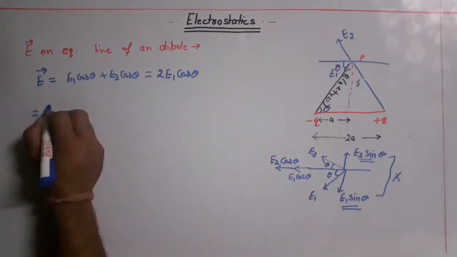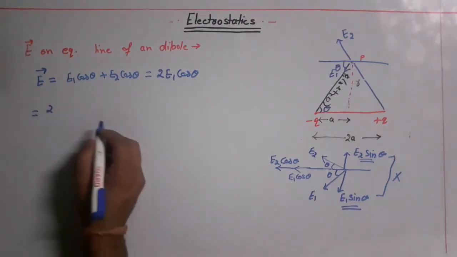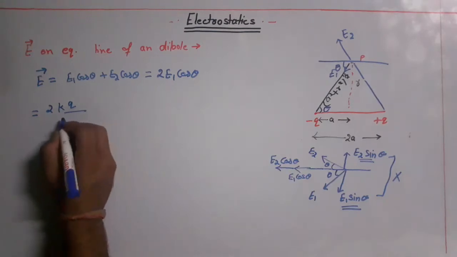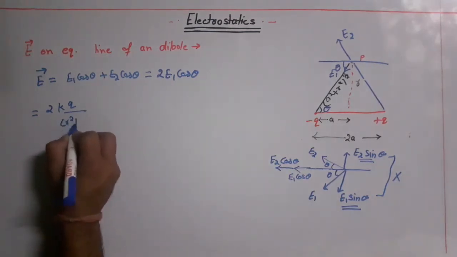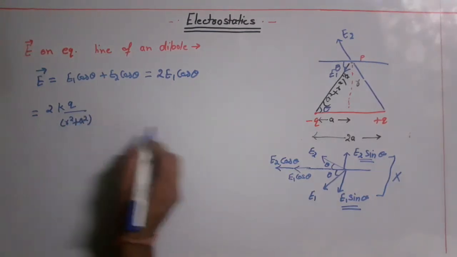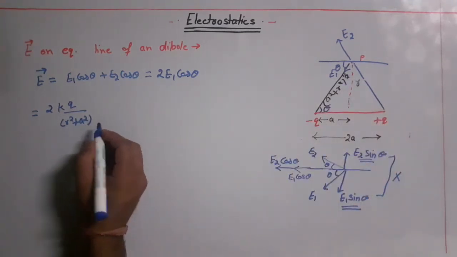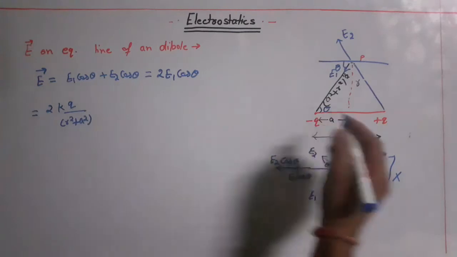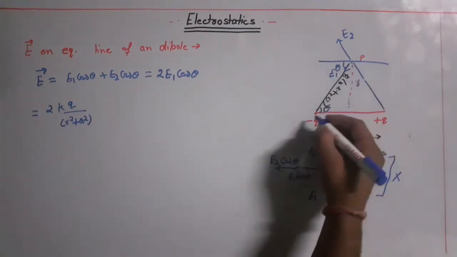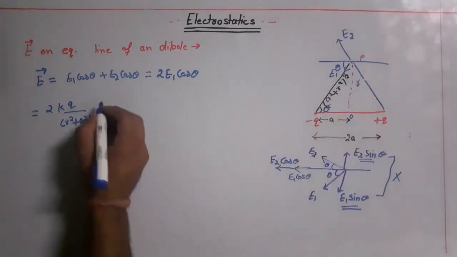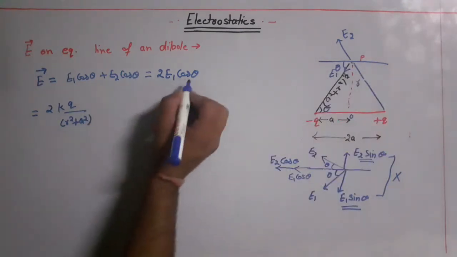So first write 2. What is the formula of E? E is kq by r square, where r square is r square plus a square. This half is cancelled out by r square. Next, what is the value of cos theta? If we see in this triangle, minus q, this center O and this point P, we can easily find our cos theta.